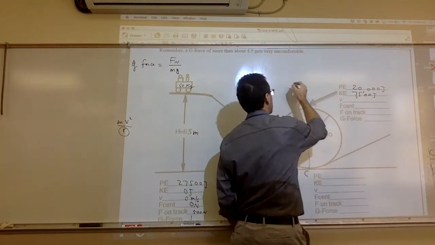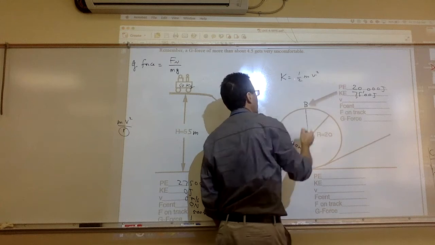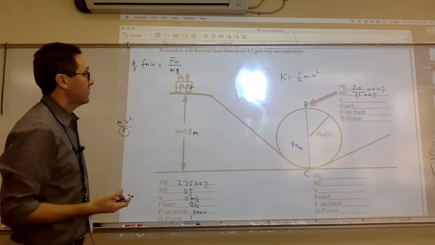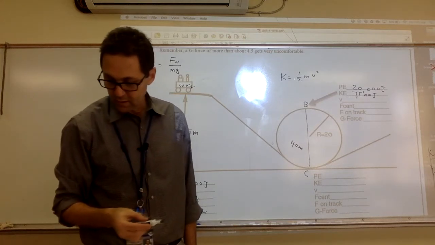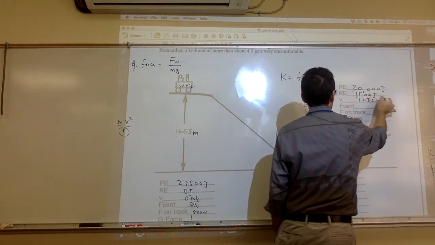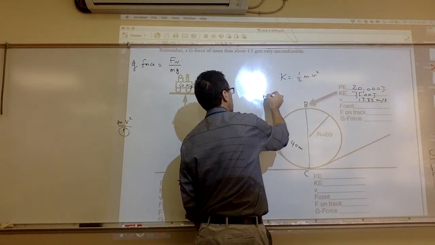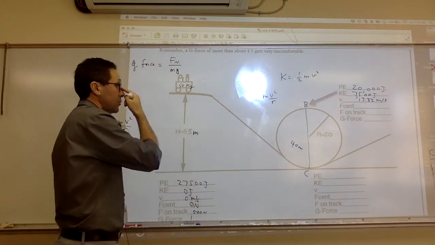For the velocity, kinetic energy is 1/2 mv squared, and you pretty much have everything you need. You have your k, you have your mass, you can find the speed, and it's 17.32 meters per second. To find the centripetal force, it's mv squared over r. So basically that's the net force in circular motion.